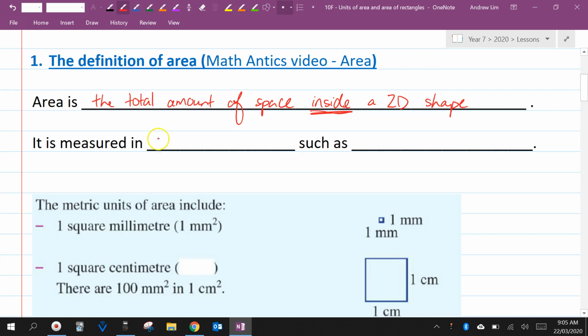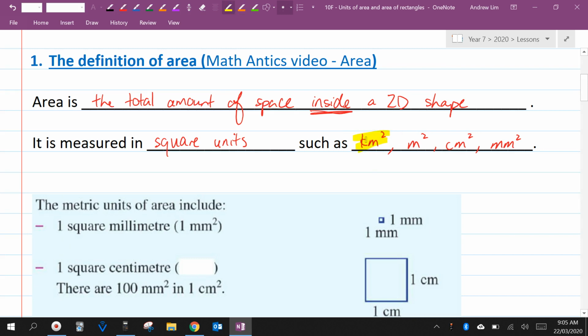It is measured in square units, such as square kilometers, square meters, square centimeters, and square millimeters. Now we actually pronounce this as square kilometers.